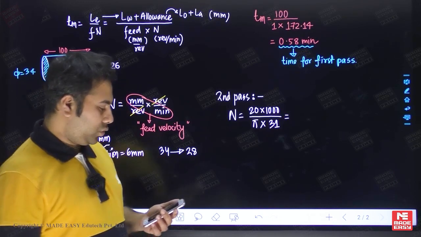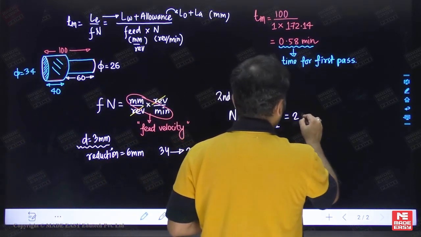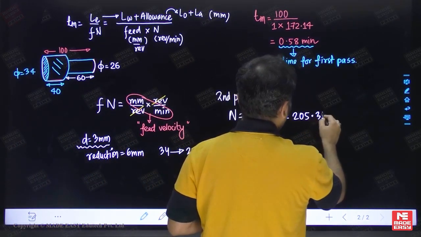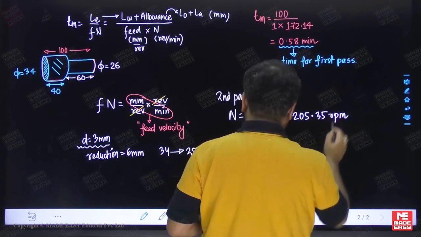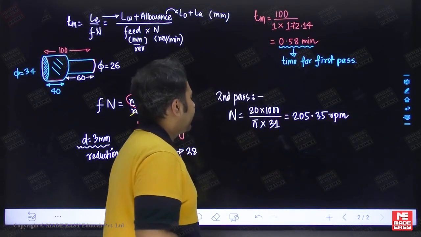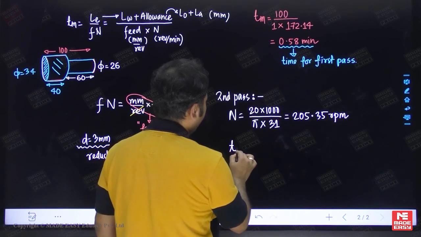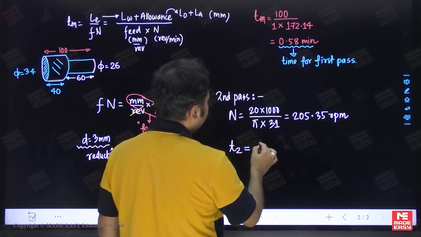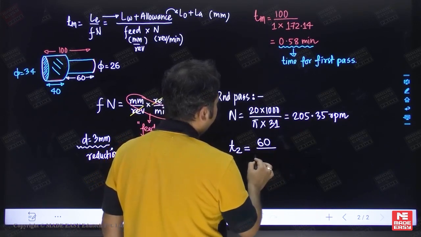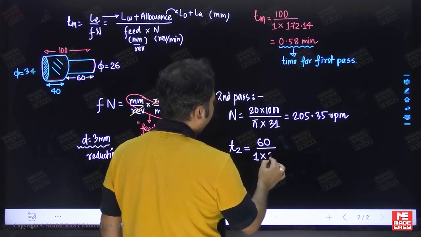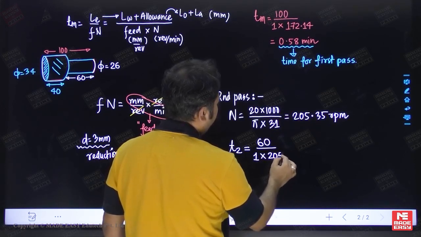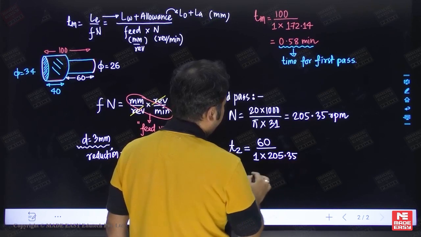So right now 205.35 rpm is the spindle speed. What next? We will place the equation of machining time for the second pass. This time the length will be only 60 mm. The feed remains as 1 mm per revolution, 205.35.